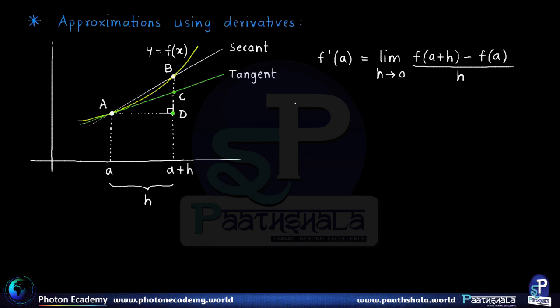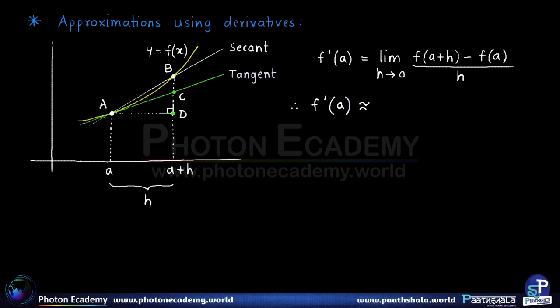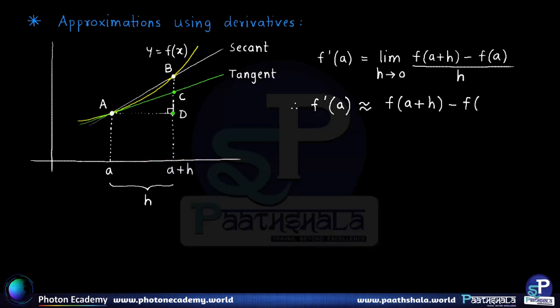So therefore, since f dash of a represents the slope of tangent, we will say that f dash of a is approximately equal to this quantity, which is nothing but the slope of secant. So therefore we have f of a plus h minus f of a, whole divided by h.